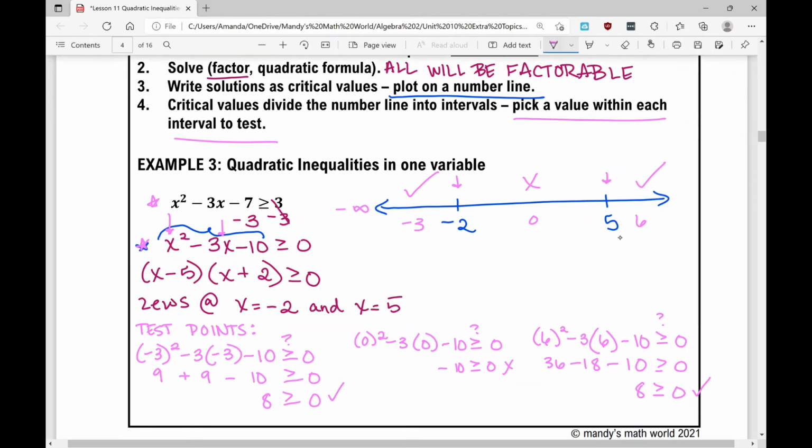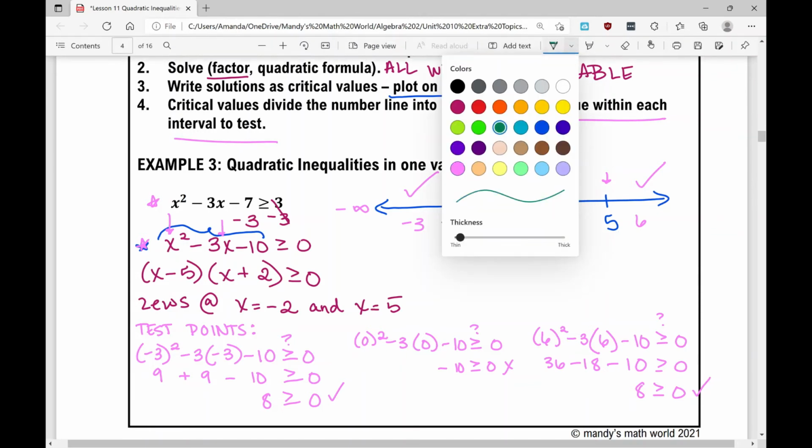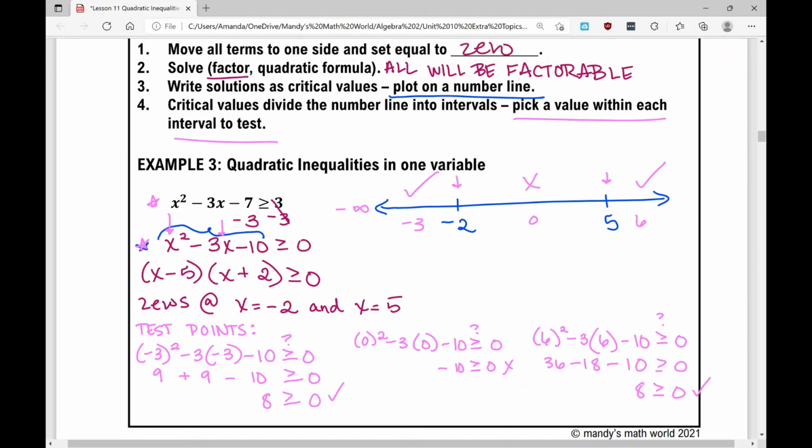How would I write this as a solution? Okay, I'm going to write my solution in a different color. I'm going to write it in green. Remember, negative infinity is every point to the left, and infinity goes to the right. If I write this in interval notation, remember I write it from left to right, I would say negative infinity to negative 2. Now, am I including the point at negative 2?